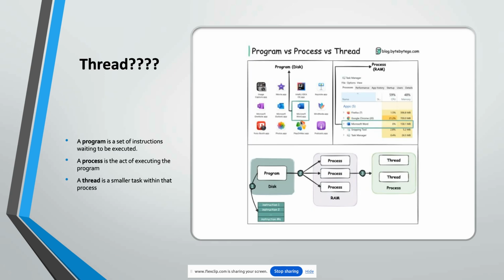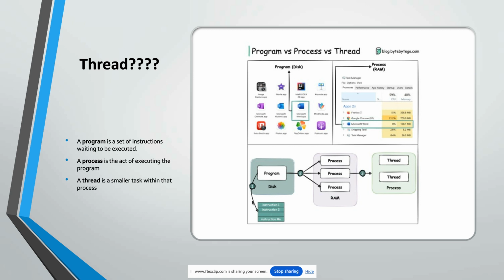So you have to understand what a thread is. A thread is a smaller task within a process. Think about a program. A program is a set of instructions waiting to be executed. If you write the code of the program that you want to build, you put your expectations on the program.